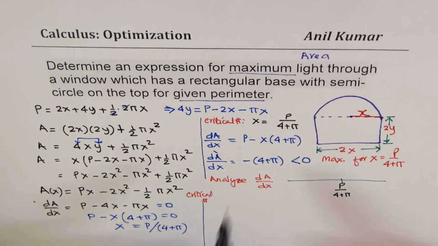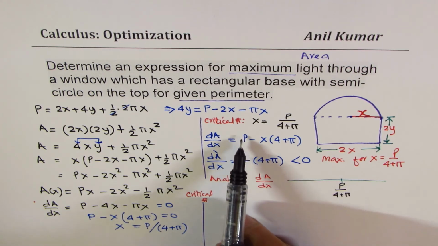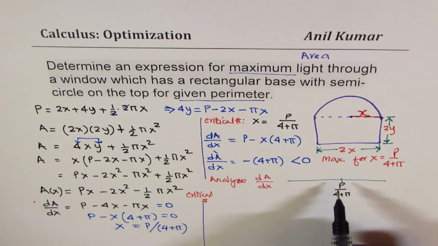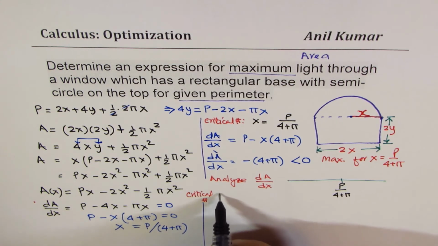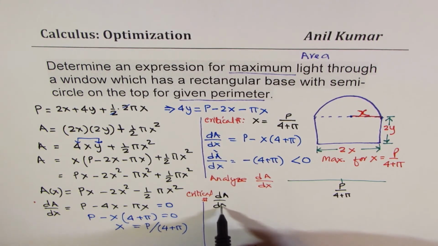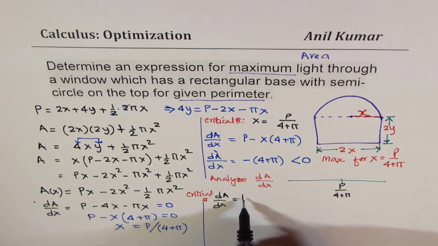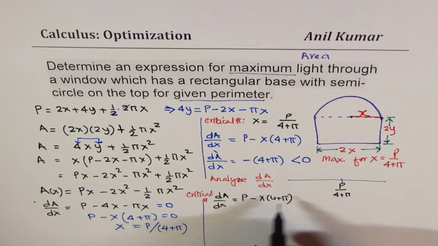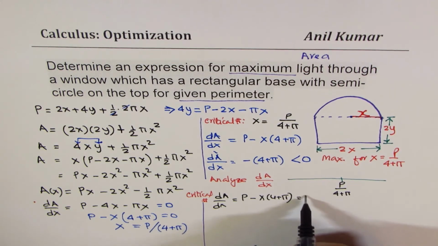The expression for dA/dx is p minus all that. P is a constant, correct? Now, we know that dA/dx is equal to p minus x times (4 plus pi). So at the critical number, it is 0.